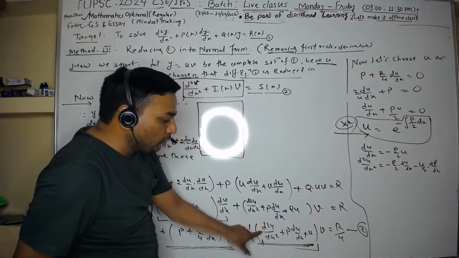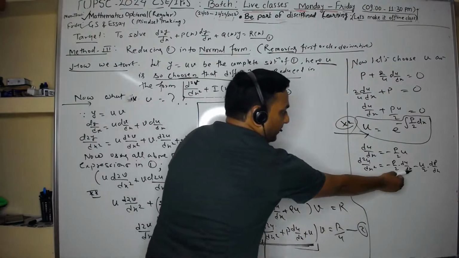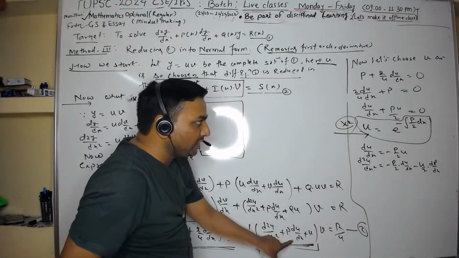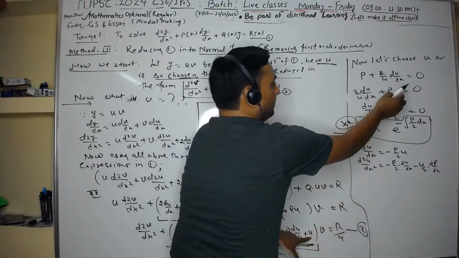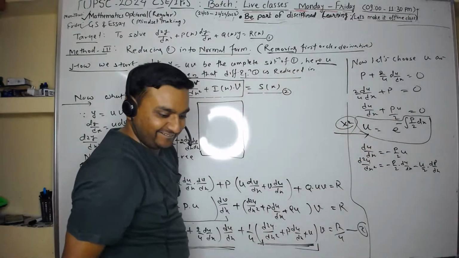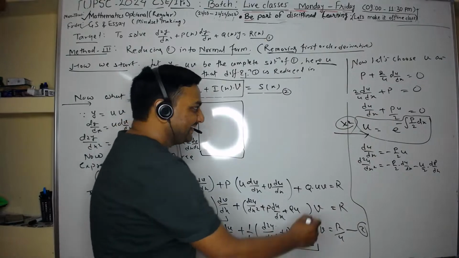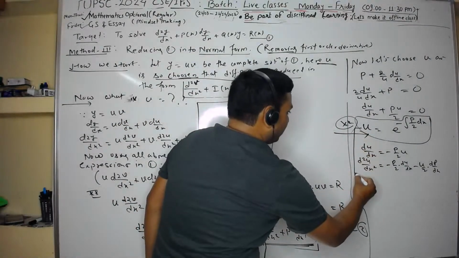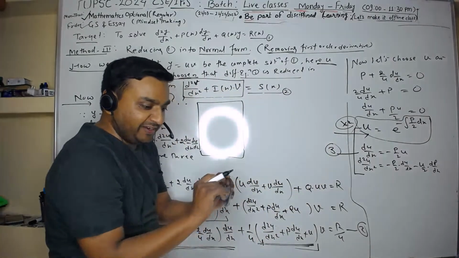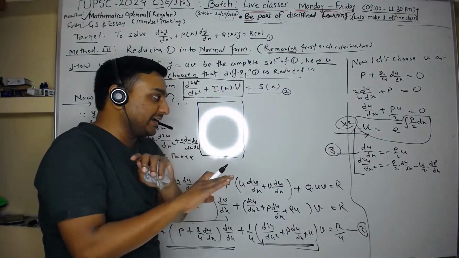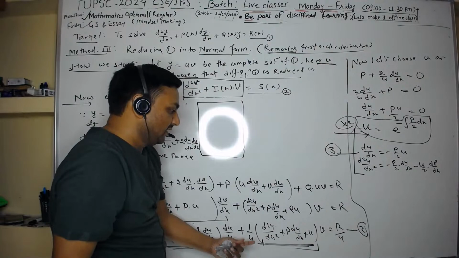Use d2u upon dx square. Use du upon dx. Use u. कहां गया? Clear? So let's say this expression as equation 3. Fair, my dear, just have patience. You are getting very good result now.